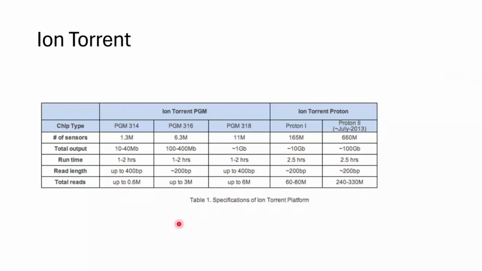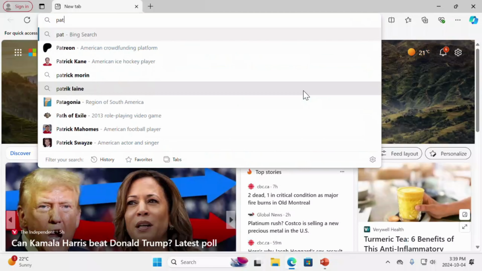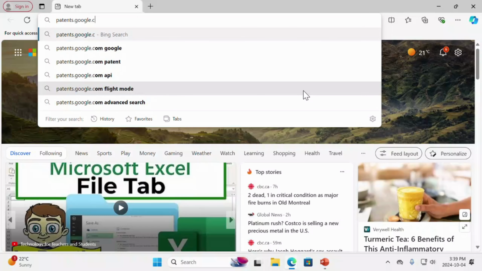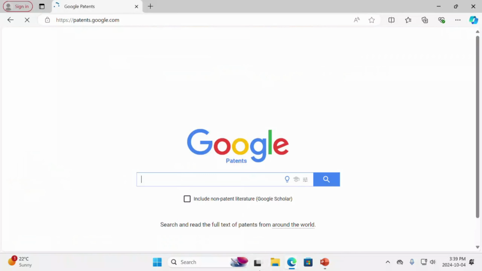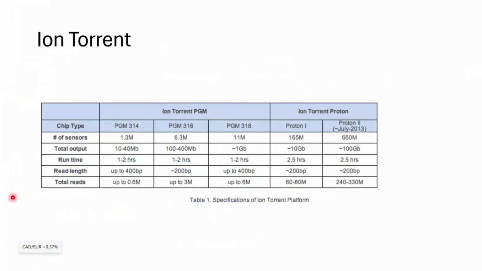If you want to look at this stuff, actually I can show you right now. I don't know if people are interested in patents. So you can go here, you can search PacBio, for example, and just read, okay? See who owns the patent, when it's going to expire, and if you want to steal it or something, go for it, okay? So this is one thing. Interestingly, unrelated to the course, but, well, actually it is.